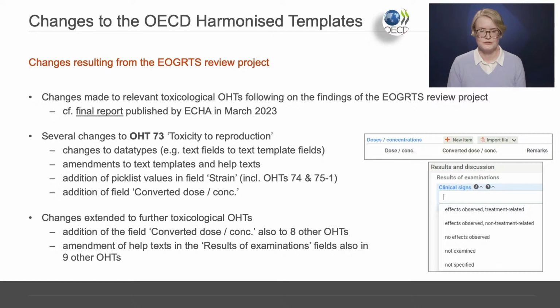These are to the results of examinations types of fields, where the idea is that these types of pick list fields would not be left empty, but instead populated with a suitable option as described in the amended help text, and where relevant, also provided with a justification on the selection. And this is because missing investigations without justification raise concerns on reliability.